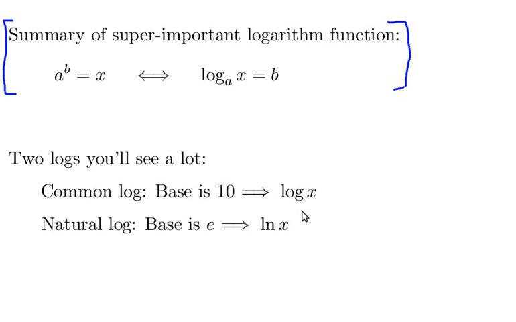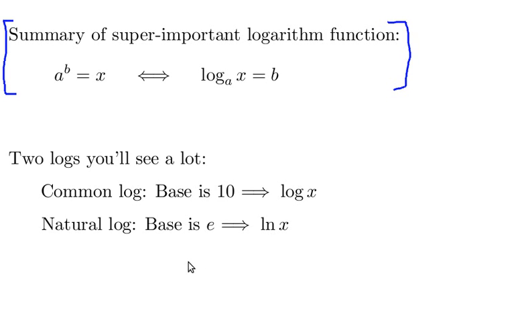And the next one you'll see is natural log. You will actually see natural log probably a lot more than common log. The base is the magic number e, and it's written as ln. It stands for natural log. I assume it's probably Latin, which is why it's in the opposite order. It's ln instead of nl. So natural log of x, base is e.